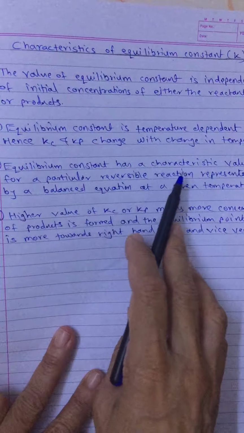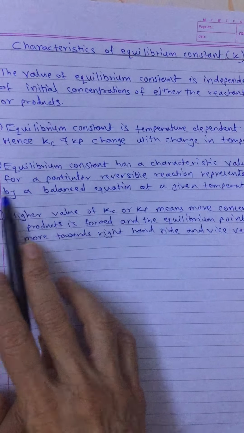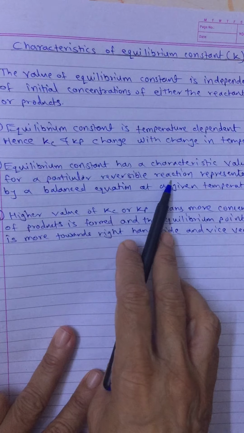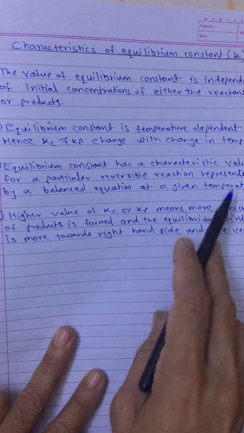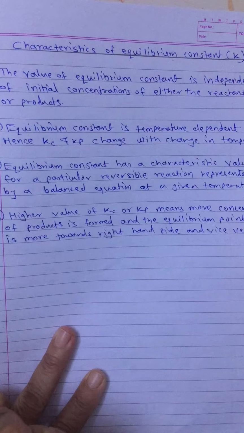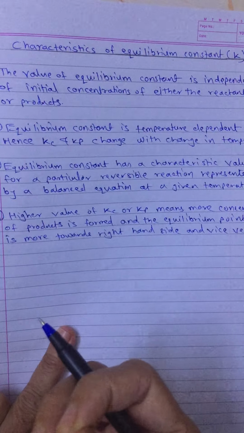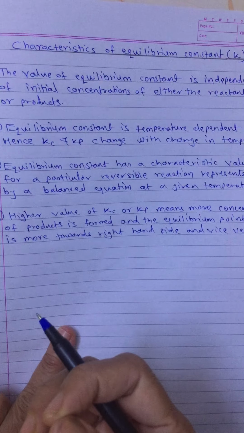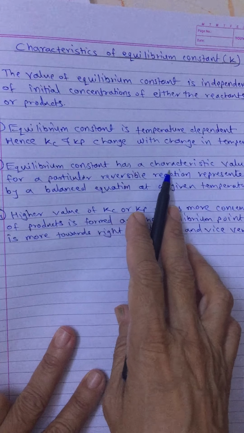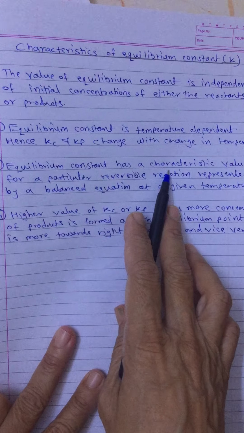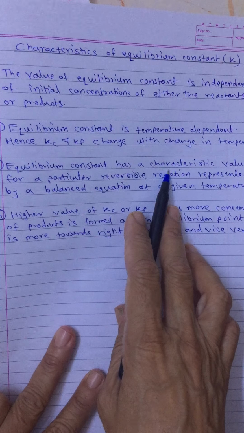Equilibrium constant has characteristic value for a particular reversible reaction, represented by balanced equation at a given temperature. Equilibrium constant Kc or Kp has a characteristic value. It can be 10, it can be 1.7 into 10 raised to 10, whatever it is.